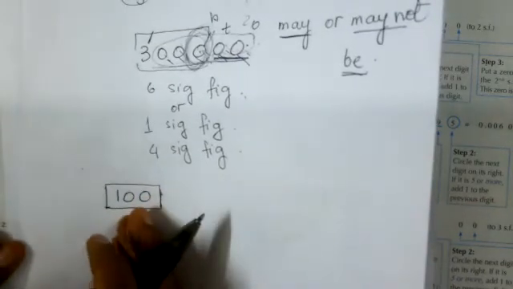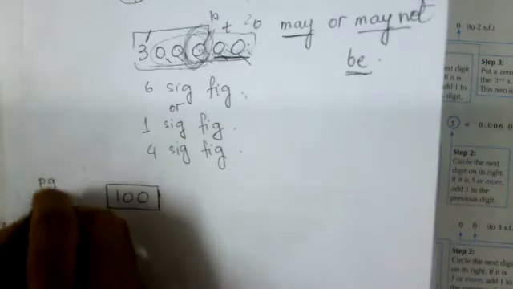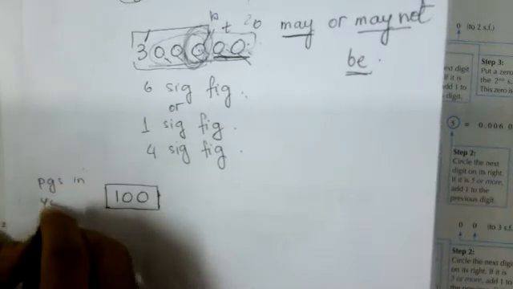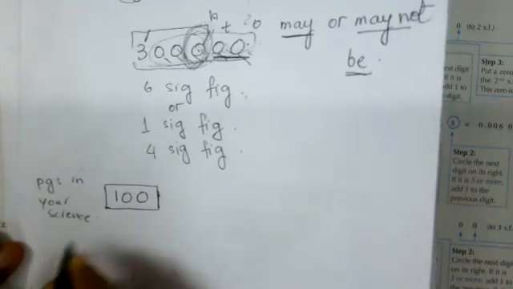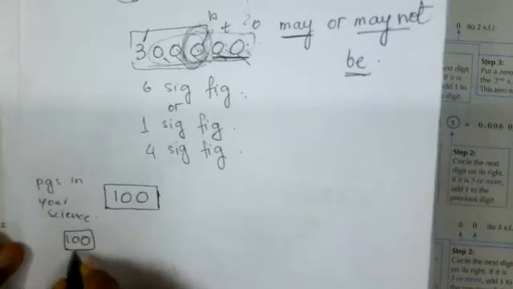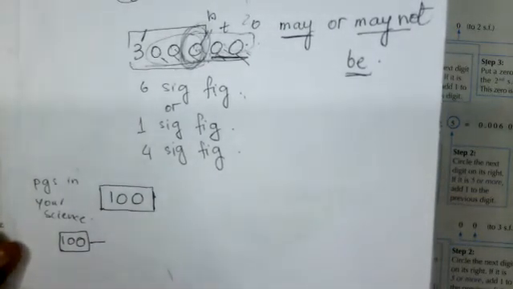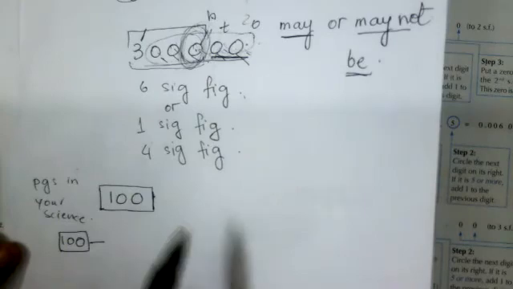If you are given this question, that the last page number is 100, how many significant figures? Yes, Aisha? 2. Why 2? Which figures have you included and which have you not included, and why?